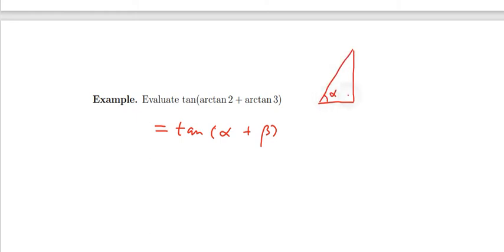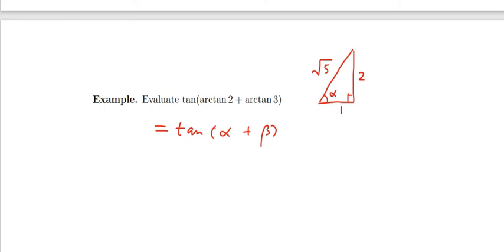Alpha is arctangent 2, meaning its tangent is 2. So we can put 2 here, 1 here, and this one, let it be radical 5, right? So this angle alpha, the tangent is 2.